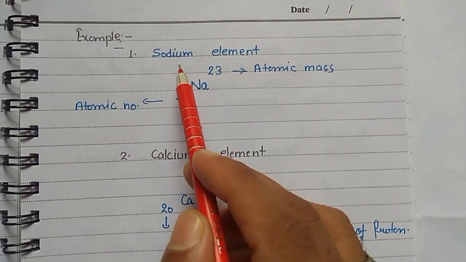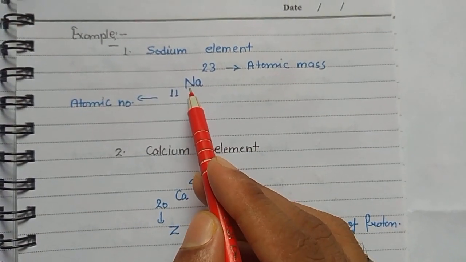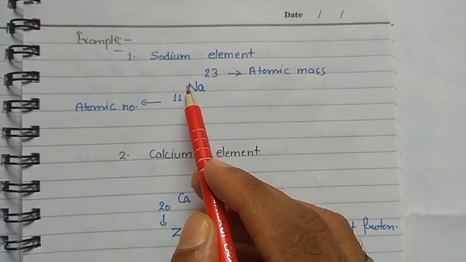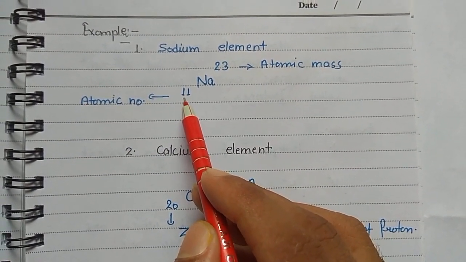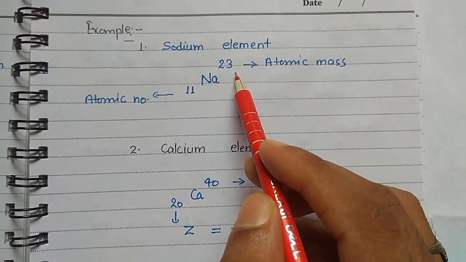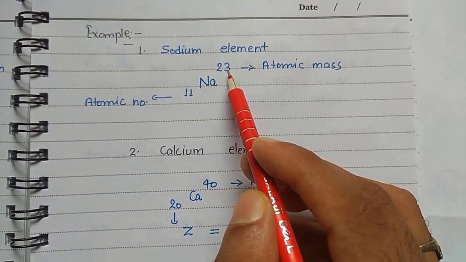For example, the sodium element. The symbol of sodium is Na and its atomic number is 11, so write 11 here, and the atomic mass of sodium is 23, so write 23 here.